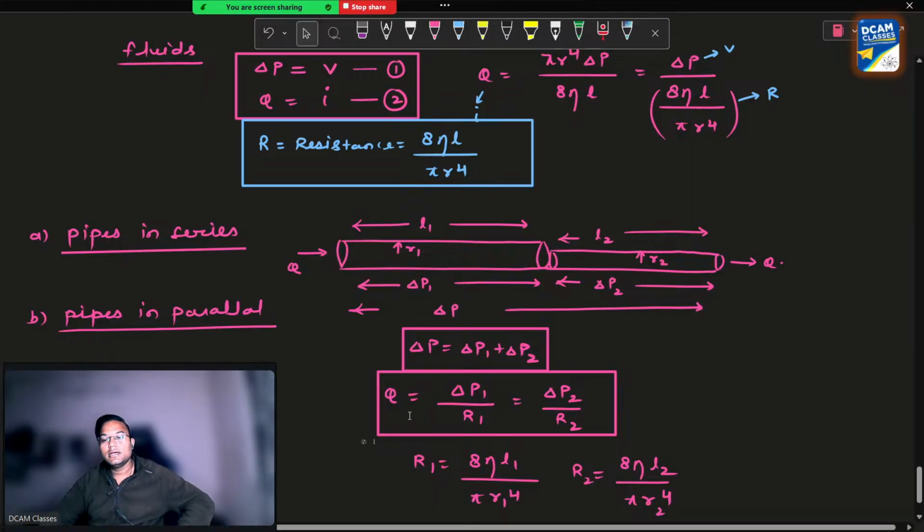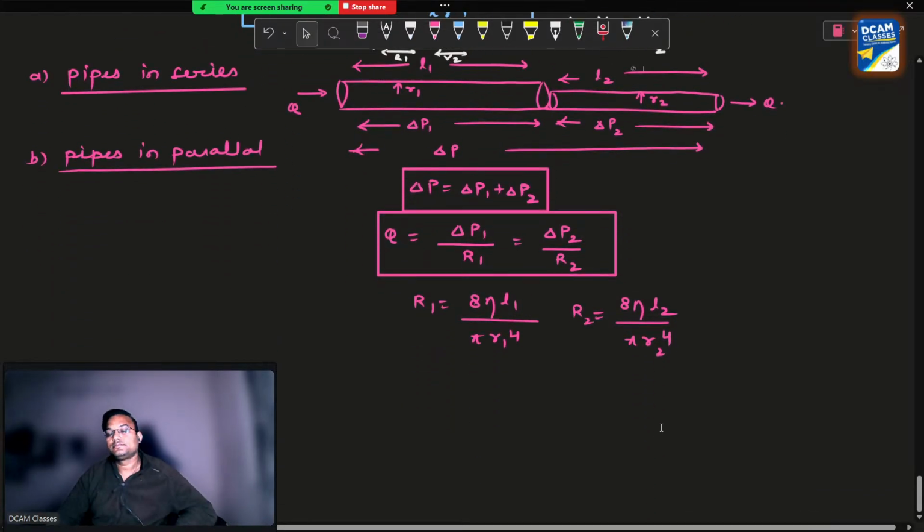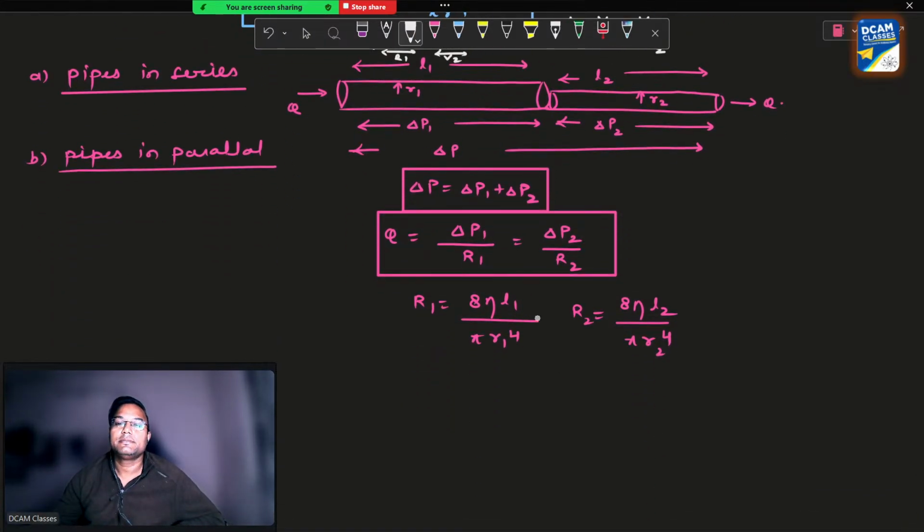Whenever we do like this, the voltage across the resistance R1 is V1, across R2 is V2, so current is flowing I, so we write V1 by R1 is equal to V2 by R2. This is series case. Parallel case we'll discuss in next class, and then I'll give you the questions also on this.